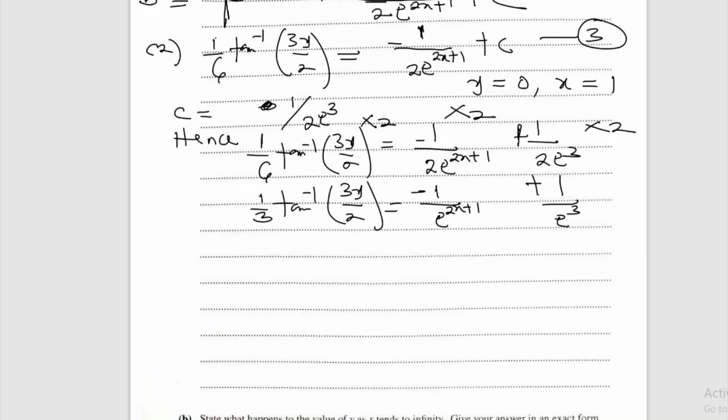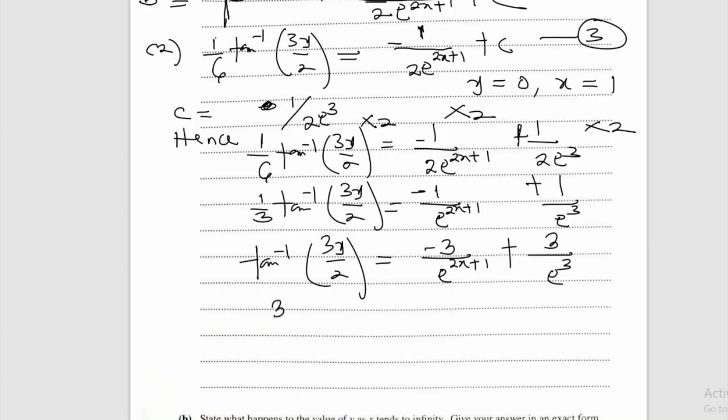So now I want to make y the subject of the formula. I can still multiply both sides by 3. Then I will have arctan 3y over 2 equal to minus 3 over e raised to the power 2x plus 1 plus 3 over e raised to the power 3.